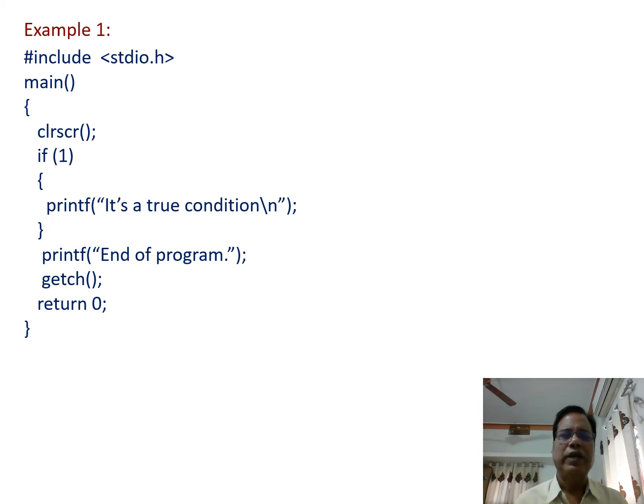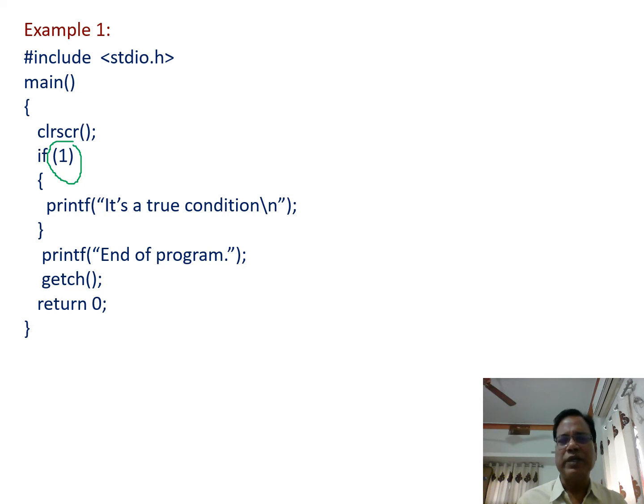Now let us see an example program. In this program, here this is the condition: 1 is written, so this is a non-zero value. So this condition is true. If any non-zero value is there, the condition is taken as true. When the condition is true, then the body of the if statement is executed. Here only one statement is there: printf, it's a true condition.